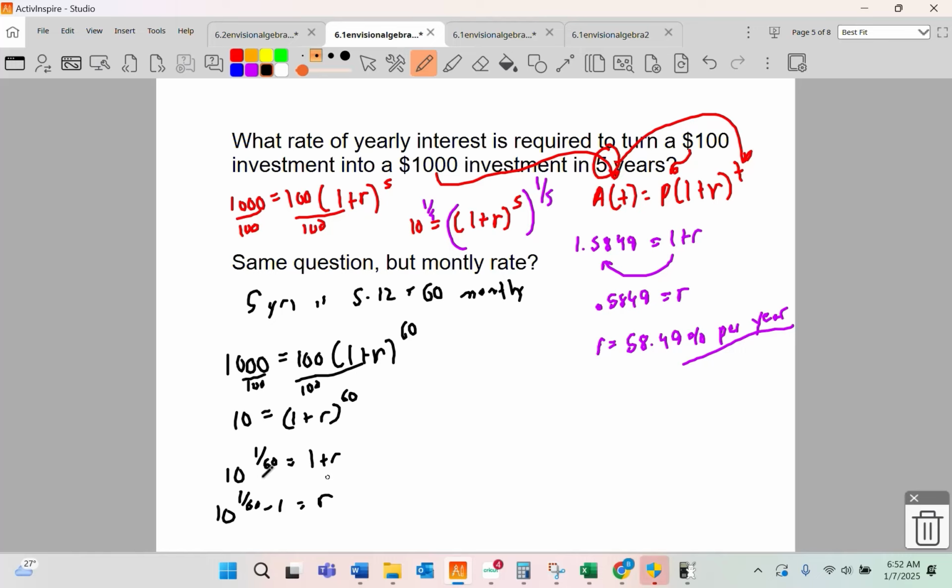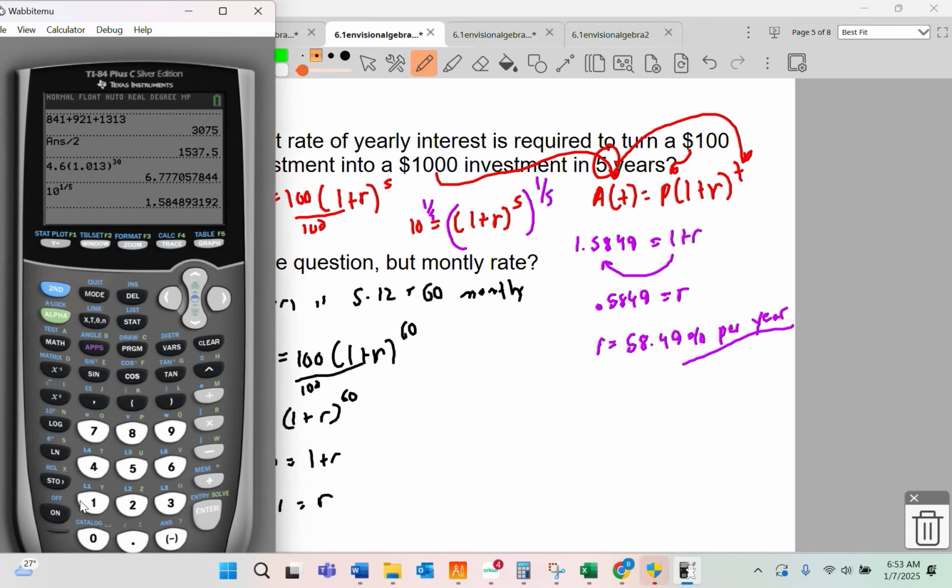Now this time I just went out on paper. You don't have to go straight to a calculator. Doesn't do you any good. But this would be the monthly interest rate. And it's 0.0391.